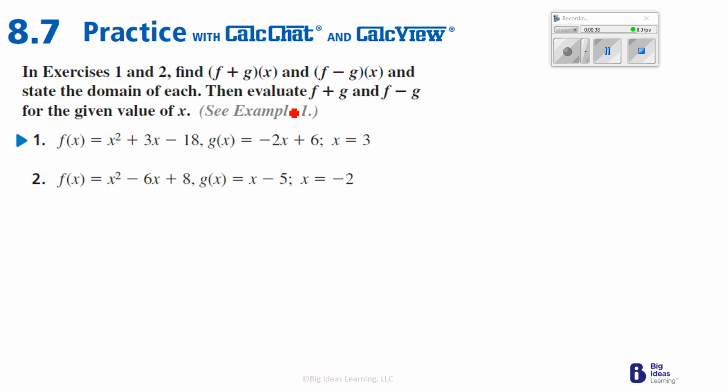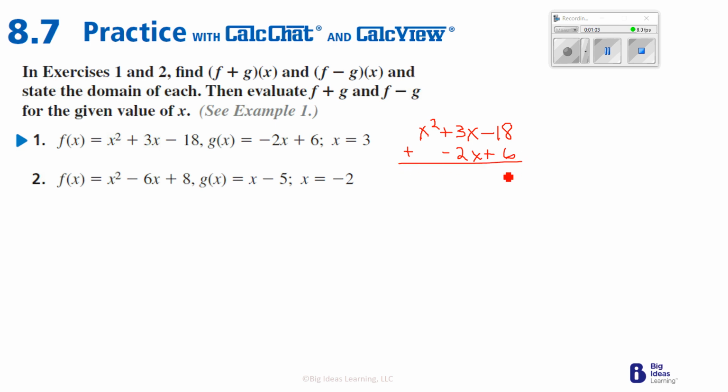If I'm doing f plus g, this is going to be x squared plus 3x minus 18. Remember, we're adding this, which means I'm going to add it to negative 2x plus 6, excuse me.